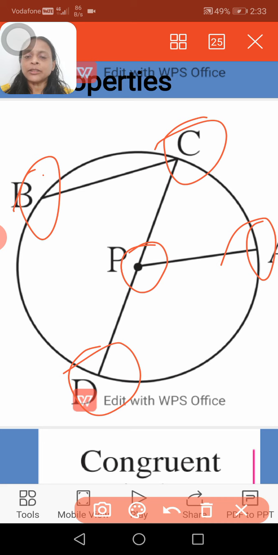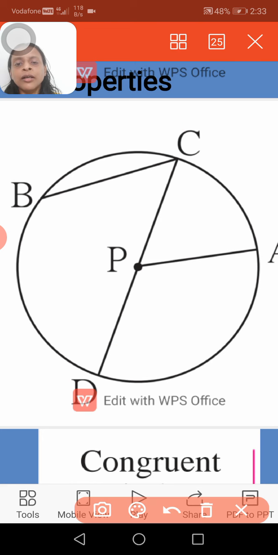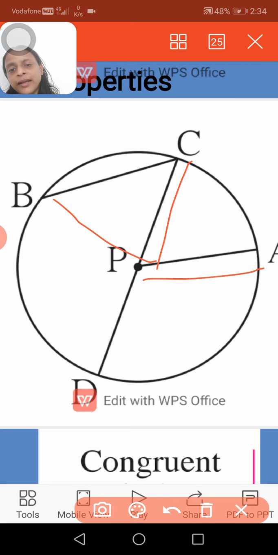The fixed point, here P, is known as the center of the circle, and the fixed distance from P to each point on the circle, I will show it again: from P to this point A, from P to C, from P to B, and from P to D. That means the distance from the center to any point on the circle is known as the radius of the circle.